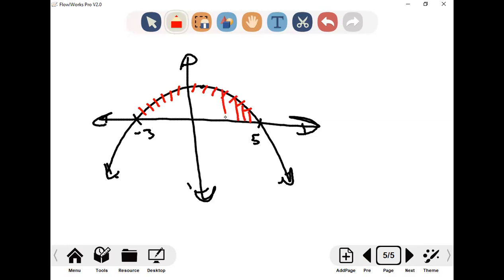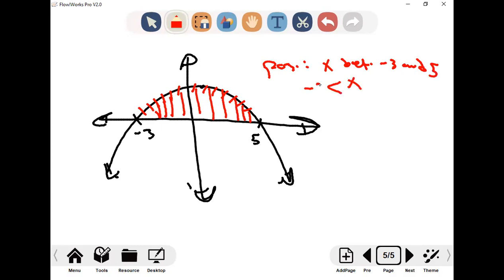It covers which x? Between them. That's why we said positive when x is between -3 and 5. Here we write positive if x is between -3 and 5, or you can say x more than -3 and x less than 5. These are the same. Now where is negative? This part is negative.